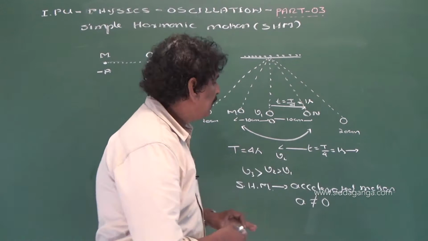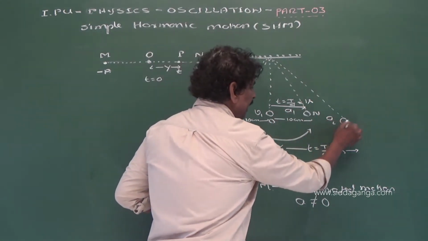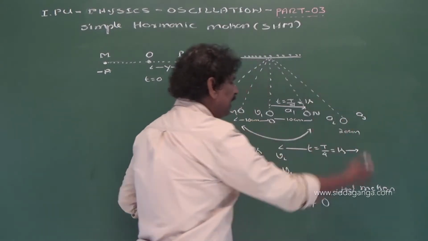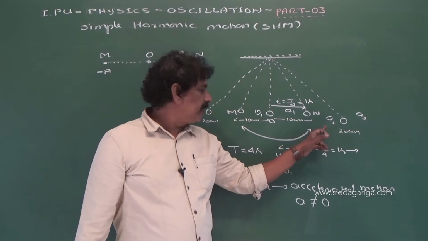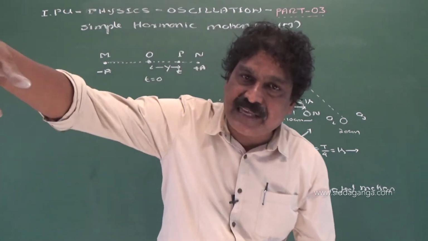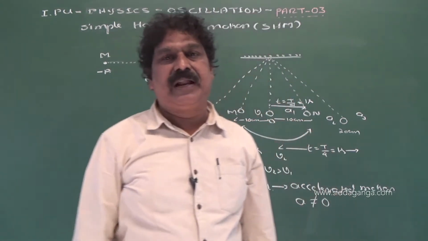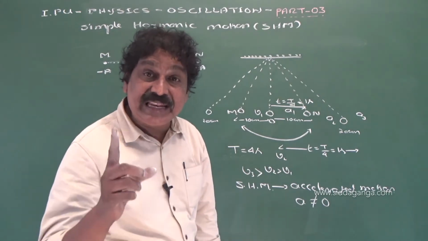So here when I take A1, A2, and at 30 centimeter A3, A3 is greater than A2, and A2 is greater than A1. That means the magnitude of acceleration also increases.